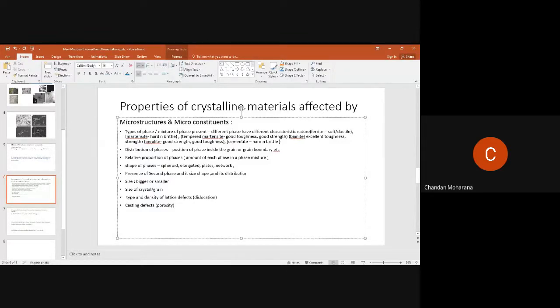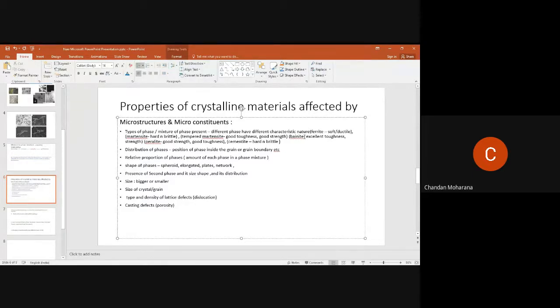There are two types of bainite, upper and lower. Yes, sir. Plate-like structures, and in between there are cementites between the plates. Okay, this is not exactly right, but if you remember, we have plates.